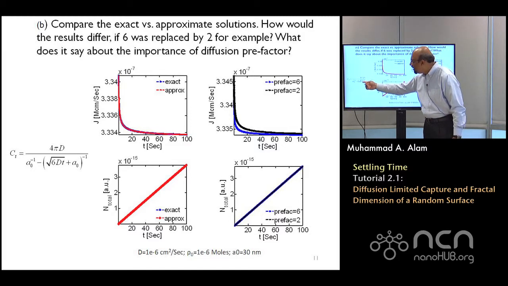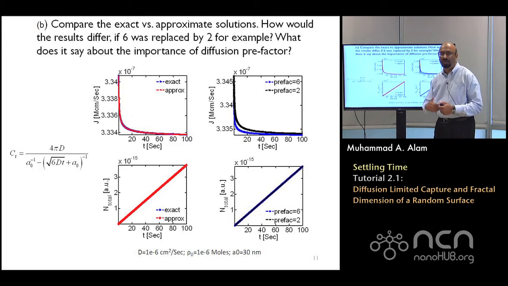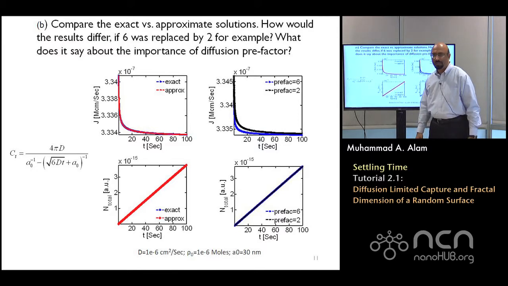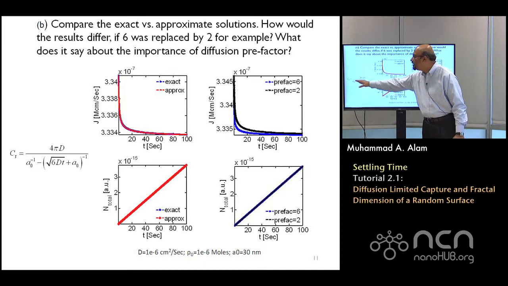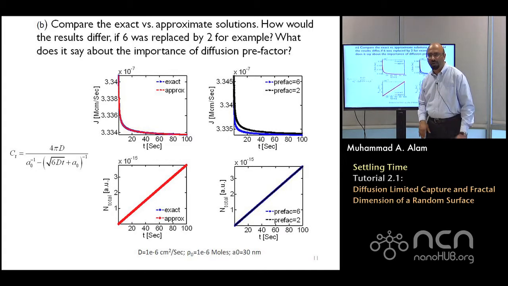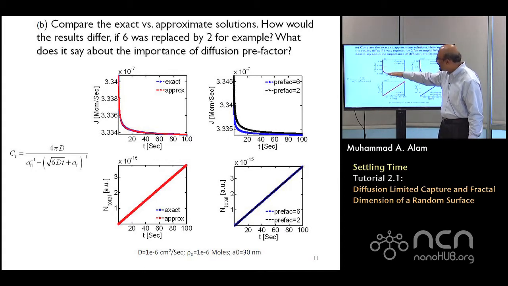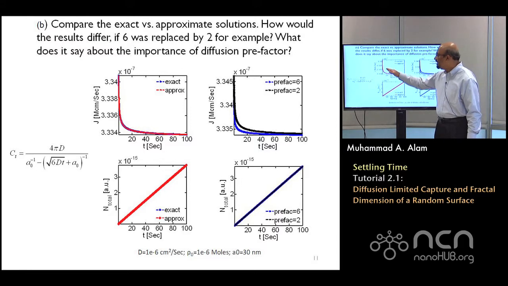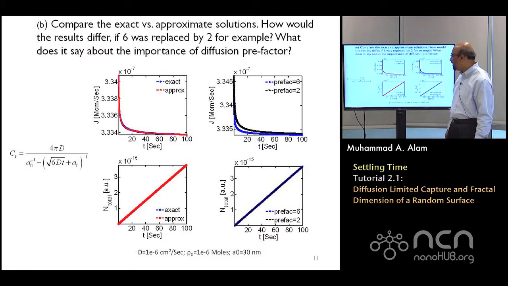As soon as you have, let's say, 2 A naught or 3 A naught or 4 A naught, remember A naught itself is very small, then this term will drop out. And once this term drops out, there is essentially no difference between any of the formulas. So you can see the exact and the approximate one, yes, there might be a small difference in the very beginning, but it will disappear very quickly.